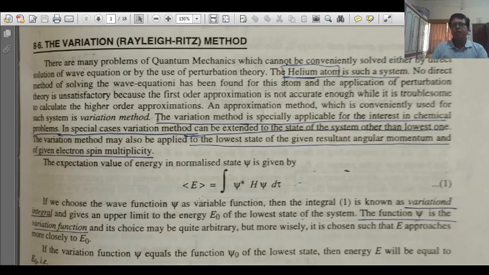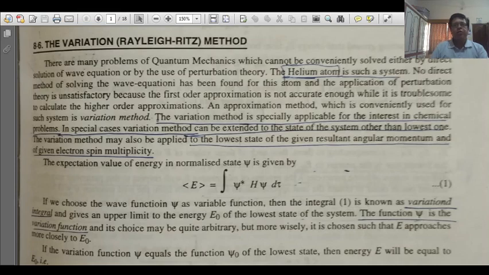There are many quantum mechanics problems which are not convenient to solve either by direct solution of the wave equation or by using perturbation theory. In such problems, there is a well-known problem of the helium atom.